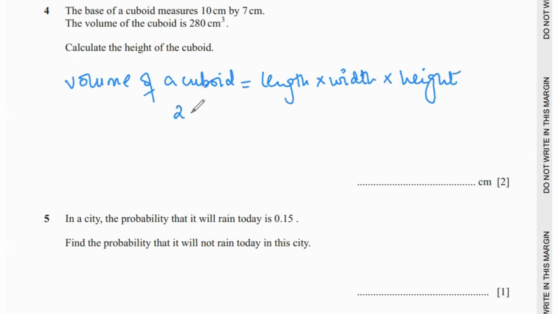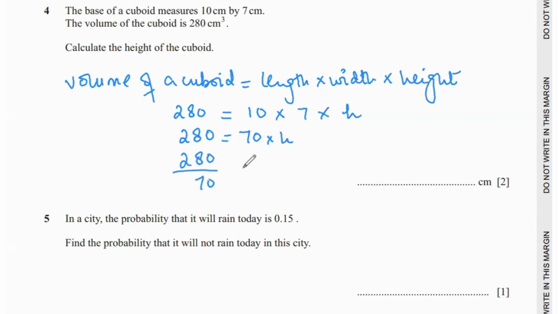That's going to be 280 equals 10 times 7 times h, which is your height. So 280 equals 70 times h. 280 divided by 70 equals h, which is 4 centimeters. So that's your answer.